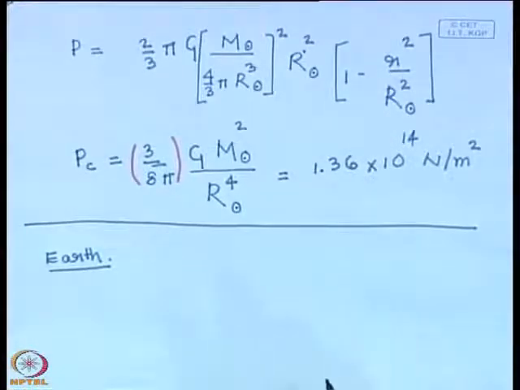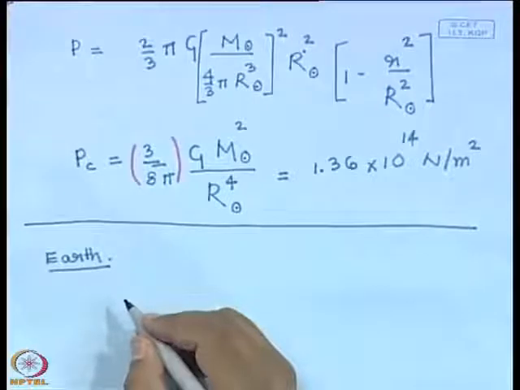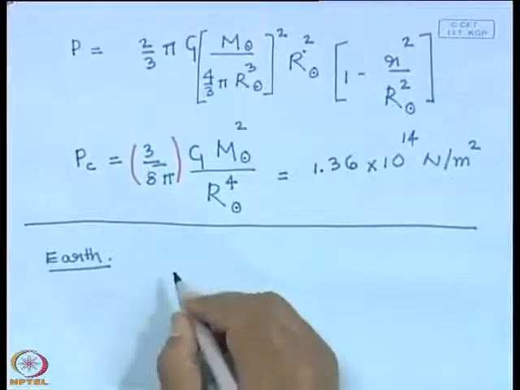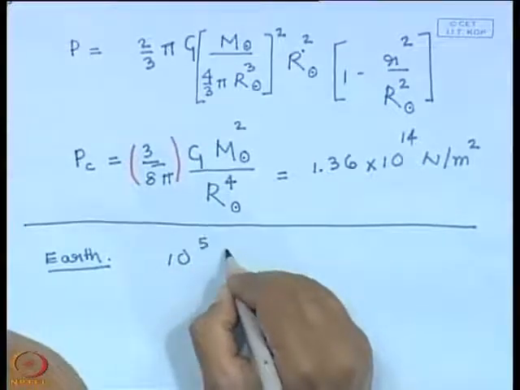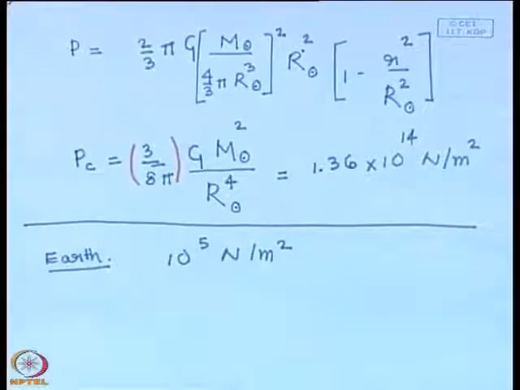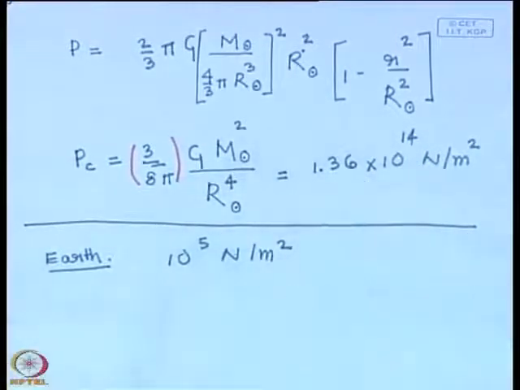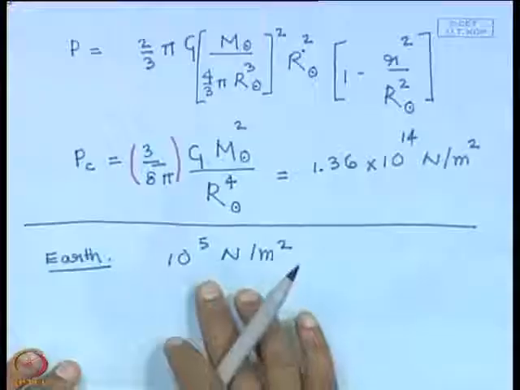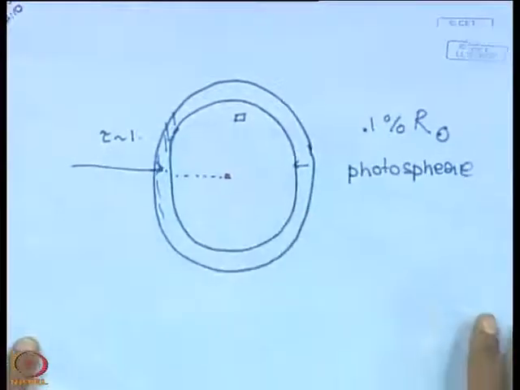So we can calculate the pressure at the surface of the Earth, and the value comes out to be of the order of 10 to the power 5 newtons per meter squared. So you see the pressure at the center of the sun is many orders of magnitude larger than the pressure at the surface of the Earth. It's an enormous pressure that you have at the center of the sun.